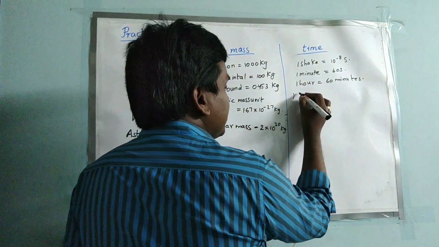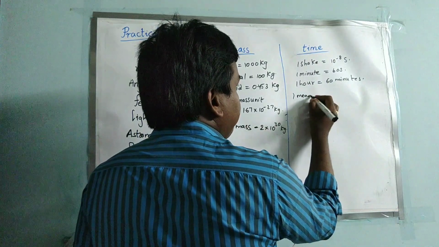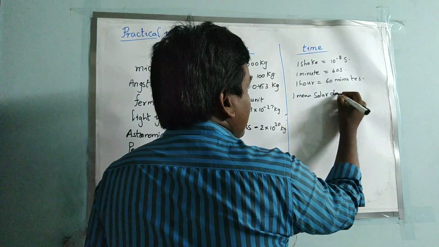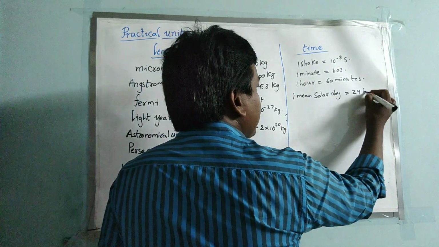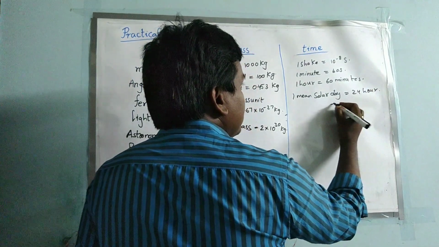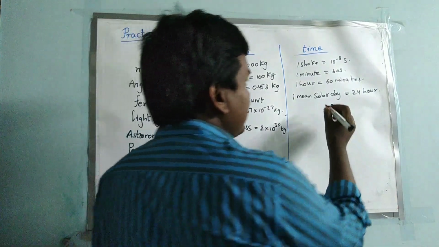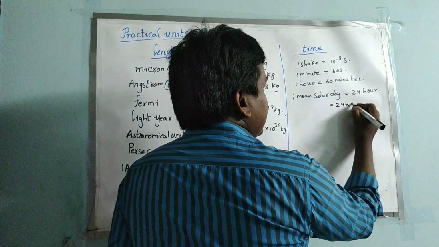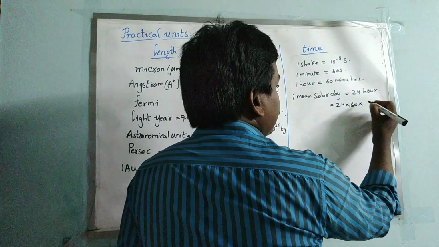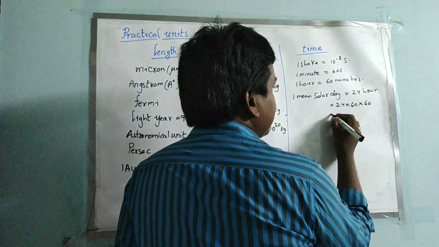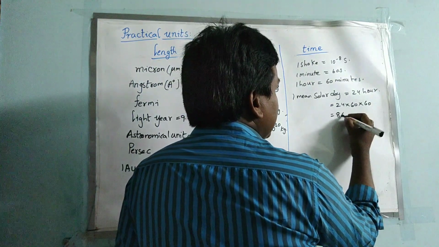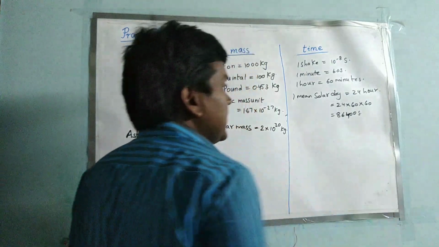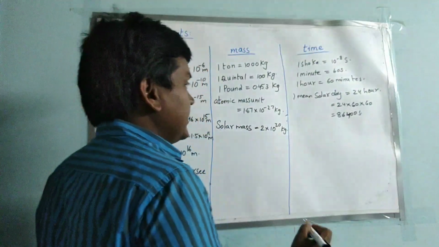And 1 mean solar day, or 1 day, is equal to 24 hours. If we write the mean solar day in seconds, 24 into 60 minutes into 60 seconds, we get 86,400 seconds. So 1 mean solar day is equal to 86,400 seconds.